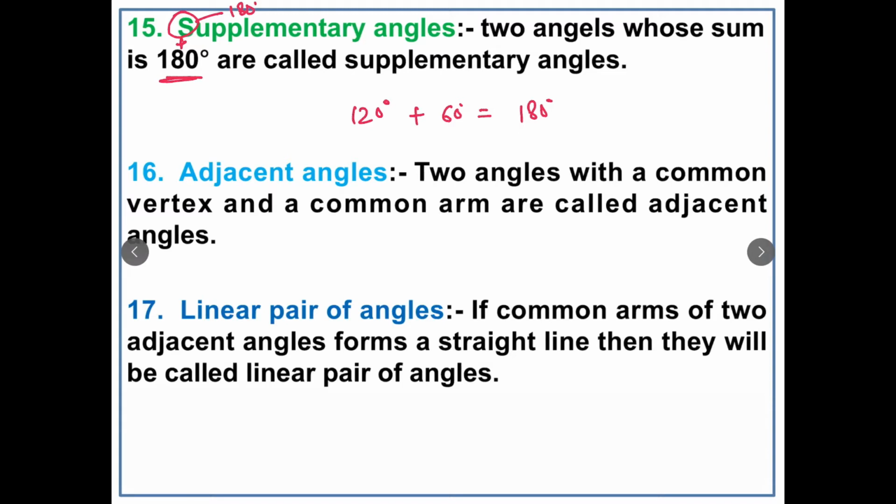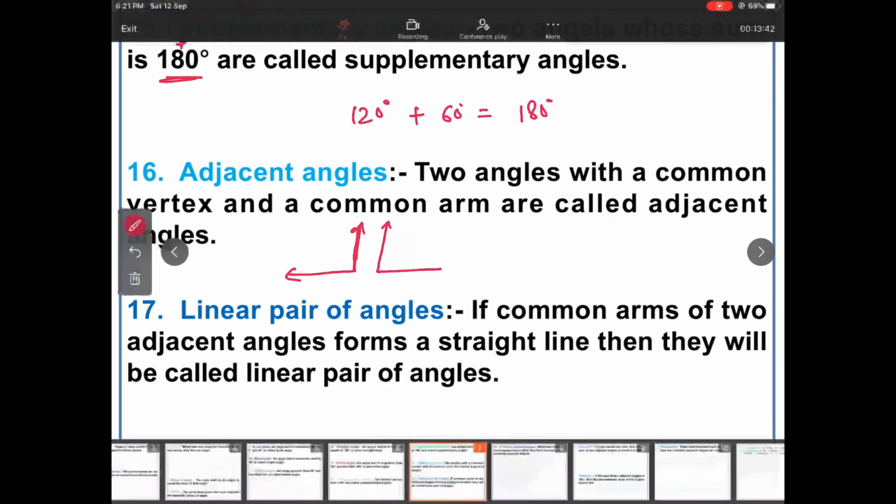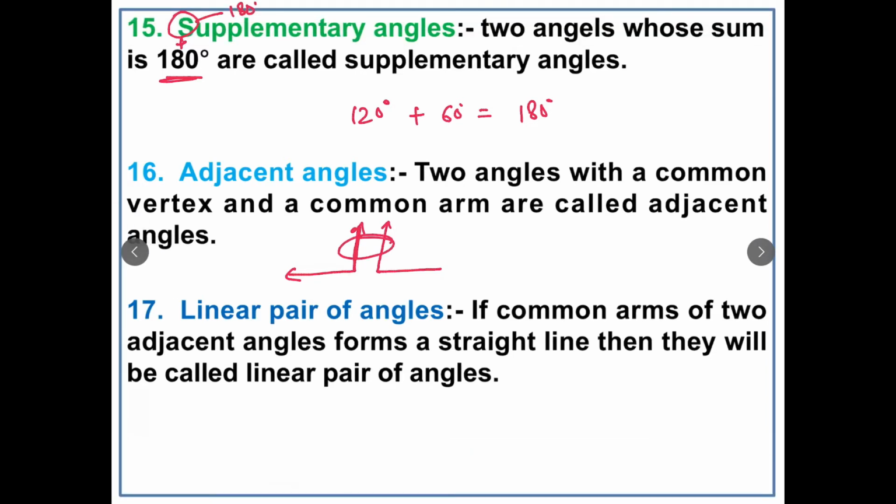Two angles with a common vertex and a common arm are called adjacent angles. Suppose we have two angles like this, one here, and there is another angle like this. If we join these two angles by joining these two arms, it will be like this.